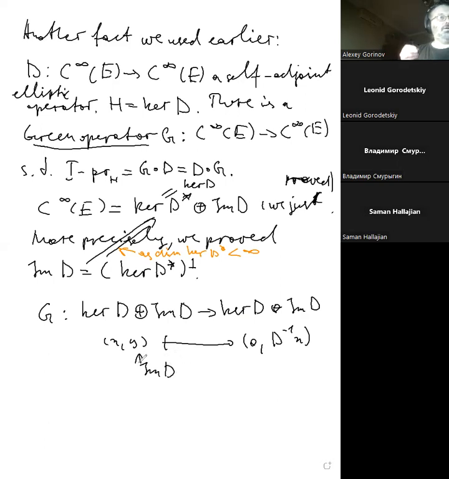So Y does have at least one preimage under D, and it has exactly one preimage.